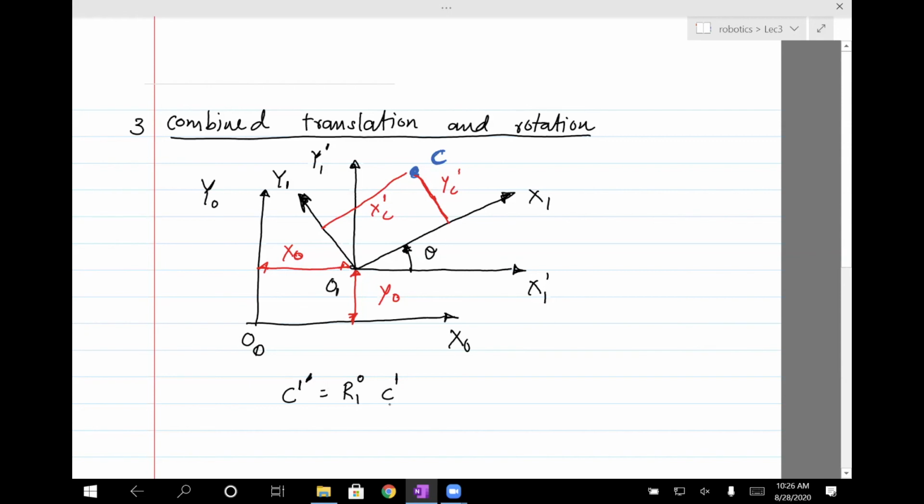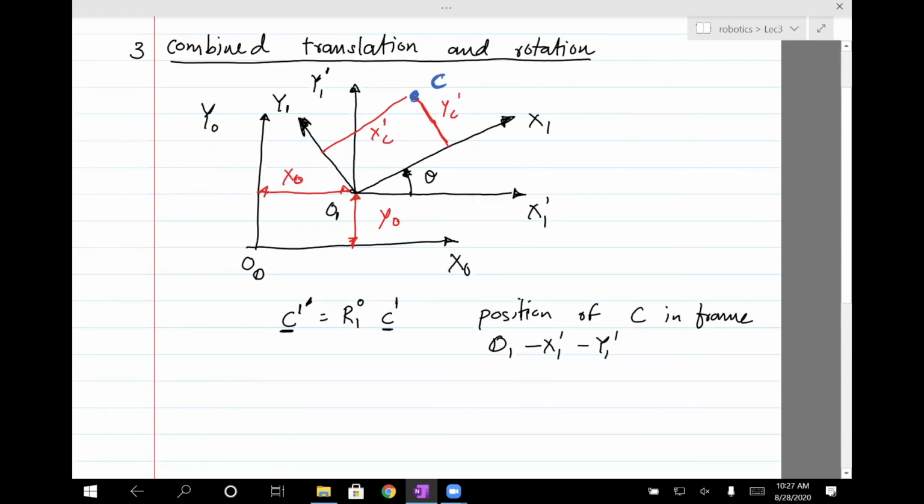So we know the position of point C with respect to frame 1, but we want to find its position with respect to this frame. This is the position of C in frame O1, X1 prime, Y1 prime.